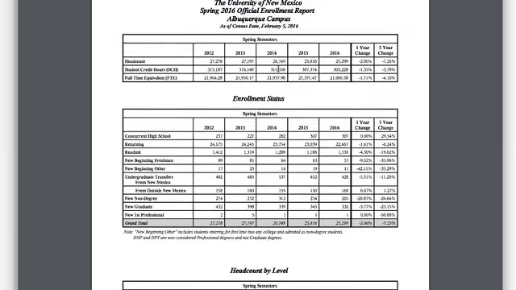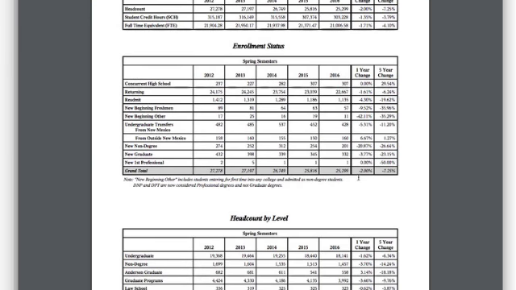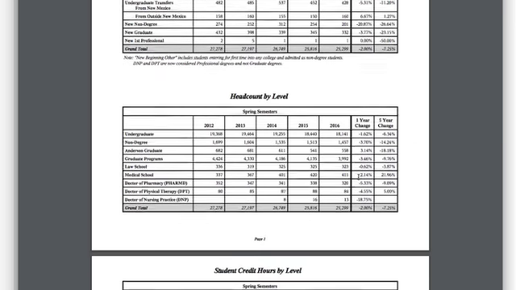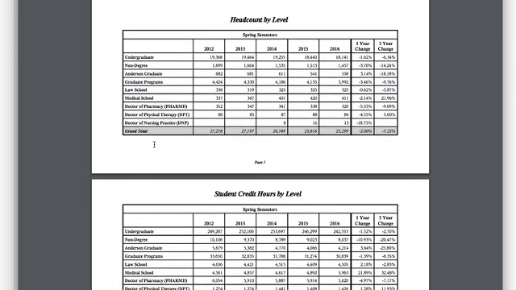If we go back up to the top, you'll see here's enrollment status, students who are concurrent high school enrollment for all of these different years. And then this reflects the changes in that data. There's head count, how many students there are per level: undergraduate, non-degree, in the Anderson School of Management, graduate students in the law school and the medical school.